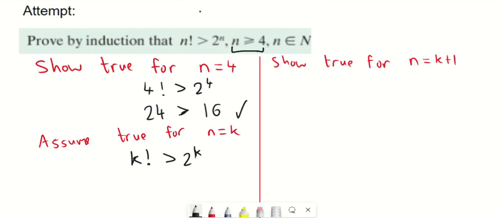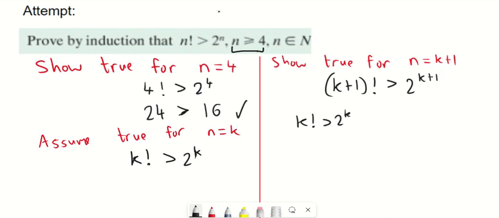So we need to show that k plus 1 factorial is greater than 2 to the power of k plus 1. So I'm going to take the assumption again. So what we assumed there was that k factorial is greater than 2 to the power of k.